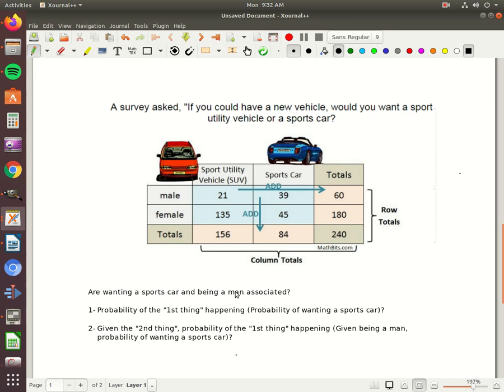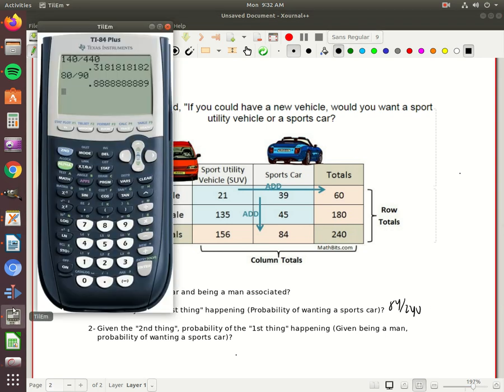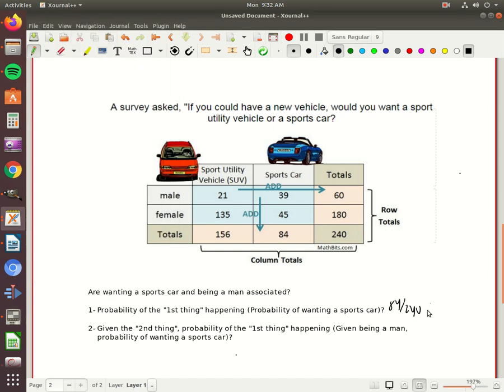So, are wanting a sports car and being a man associated? First, we're going to ask everyone, what's the probability of wanting a sports car? Hey, everyone, do you want a sports car? The answer is 84 out of 240, which is 35%. Then we're going to come back and say, given that you're a man, we're only asking men, what are the odds that you like a sports car?